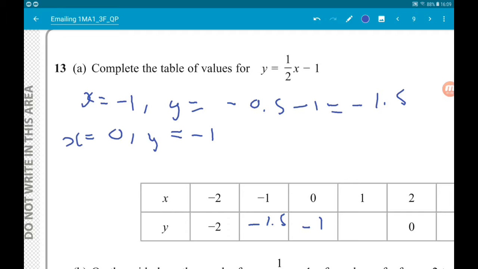When x is 1, y is 1/2 times 1, so 0.5, minus 1, which is minus 0.5.